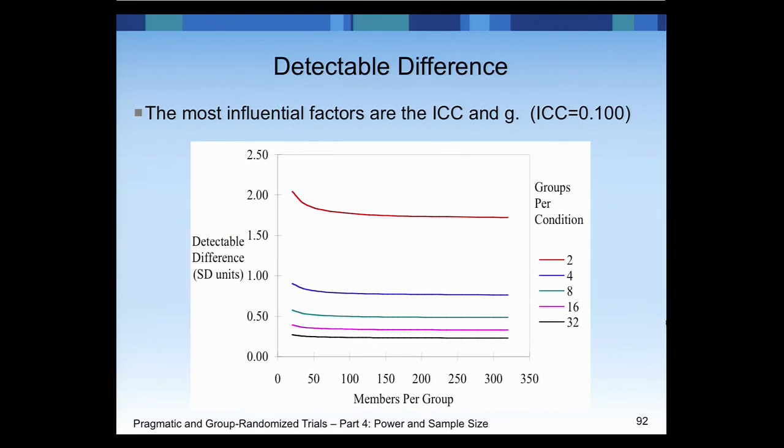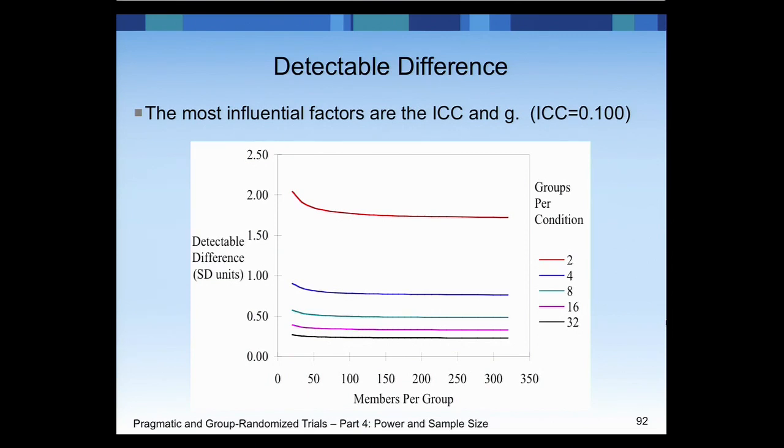The lines distinguish based on the number of groups per condition. The red line at the top has only 2 groups per condition, so that's the smallest group randomized trial that we can run and have any variation associated with a group within study condition. Members per group are shown on the x-axis.